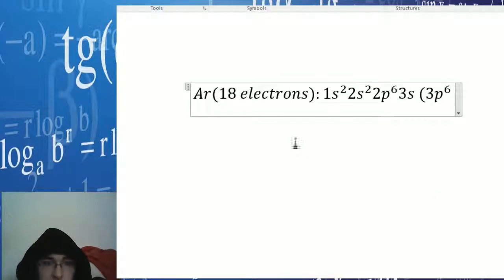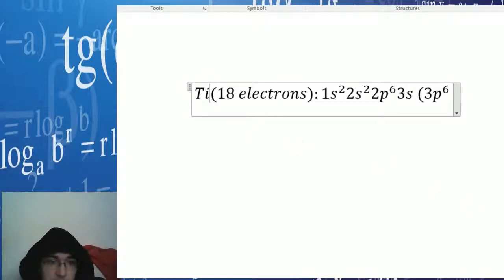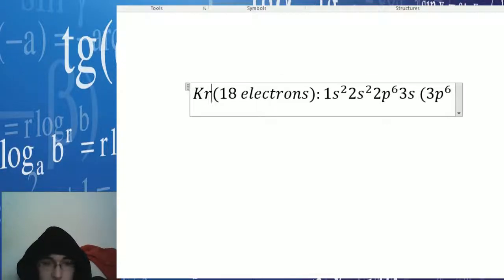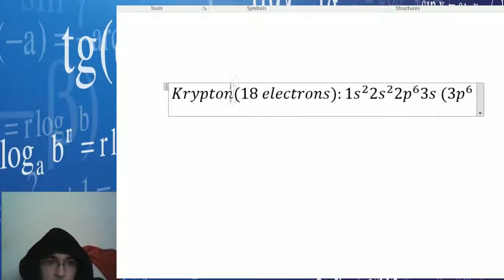So I'm going to swap to something bigger, krypton. 36 electrons.